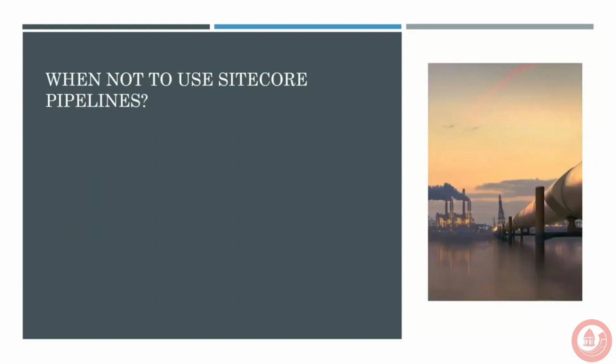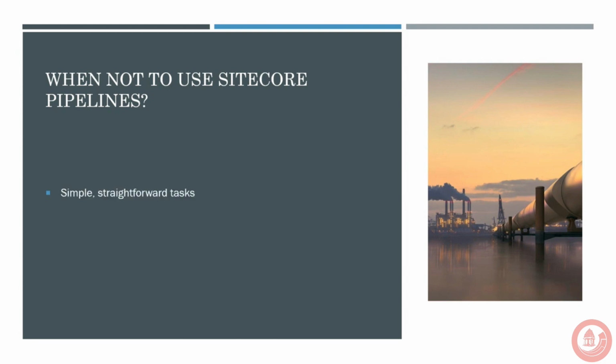Now we have seen that Sitecore is good with pipelines, and it's a very promising technique, but there are a few times when you should know when not to use Sitecore pipelines. Everywhere you will see when to use it and how to use it, but nobody will tell you when not to use Sitecore pipelines.